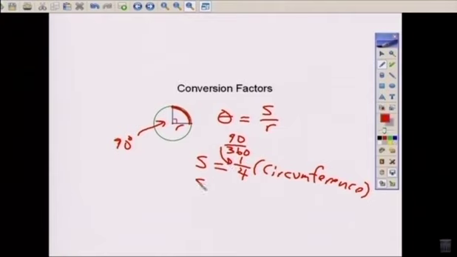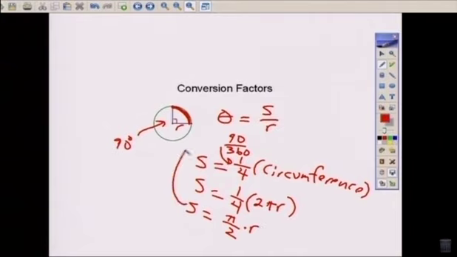So from geometry, we remember that the circumference of a circle is either pi times diameter or 2 pi r. We're going to go ahead and do it in terms of the radius. So we know that for this particular problem, the arc length for this arc is pi over 2 times the radius.